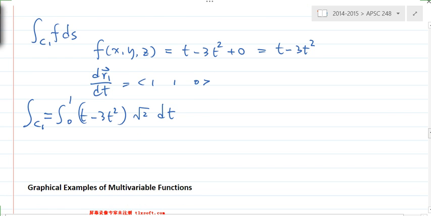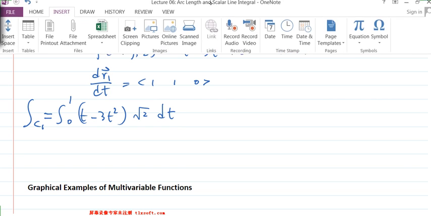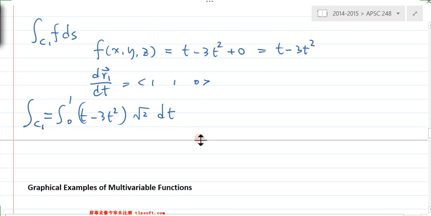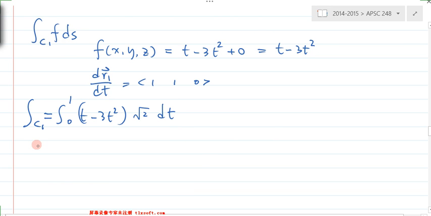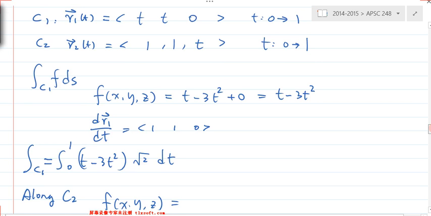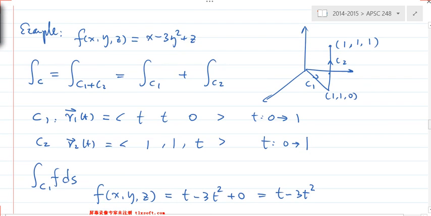Next, the integral along C2. Along C2, first of all, what would the function f of x, y, z be? You replace x, y, z with x of t, y of t, and z of t, which means it's 1 minus 3 plus t.